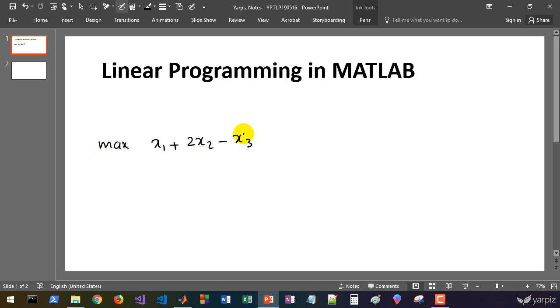We'd like to maximize this value, find the maximum amount of this objective function subject to some constraints. For example, we must ensure that x1 plus x2 is less than 5. For another example, we must find x1, x2, and x3 in a way that x1 minus 2x2 plus 3x3 is less than 10, and some other conditions like this.